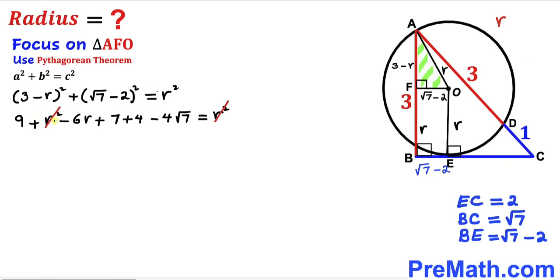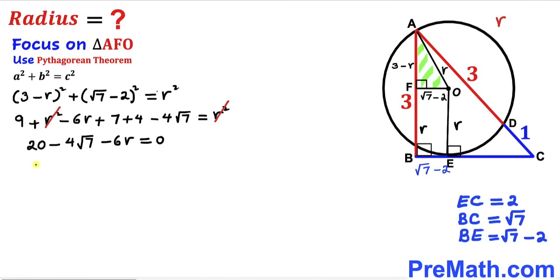So therefore we could write 9 plus 7 plus 4 is going to give us 20 minus 4 times square root of 7 minus 6 times r equal to 0. And now I'm going to move this 6 times r on the other side.